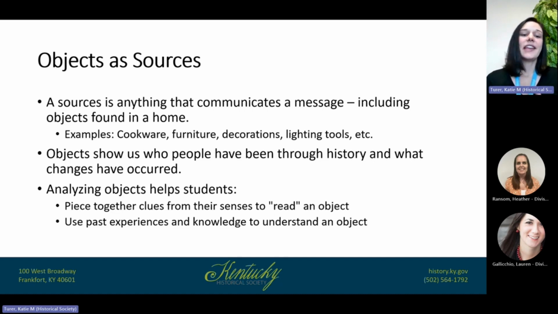And even if they don't have the object in their hand, they can still use their past experience and general knowledge to build an understanding of what that object is and maybe how it's different than other objects that they might be more familiar with. It allows for that comparison.